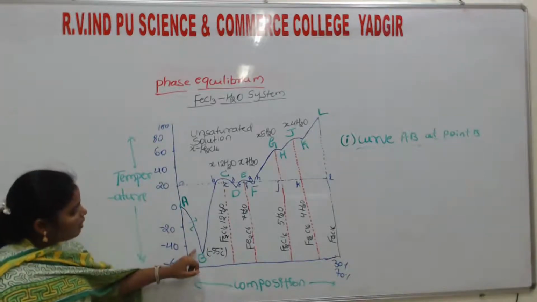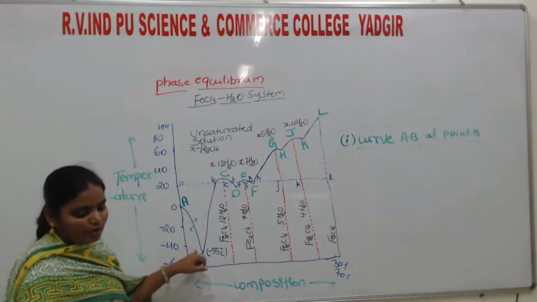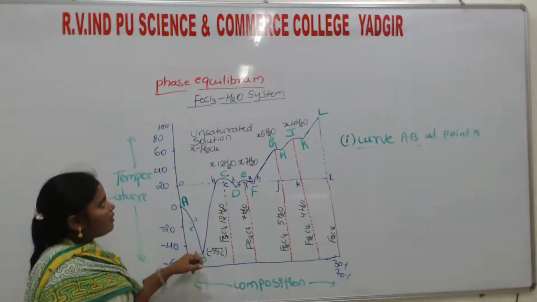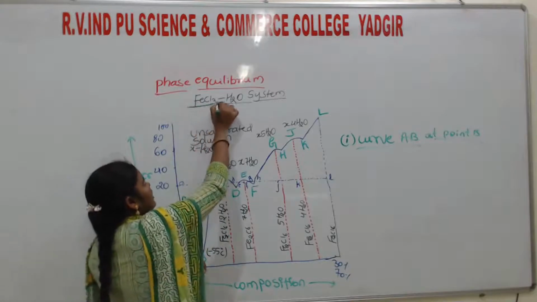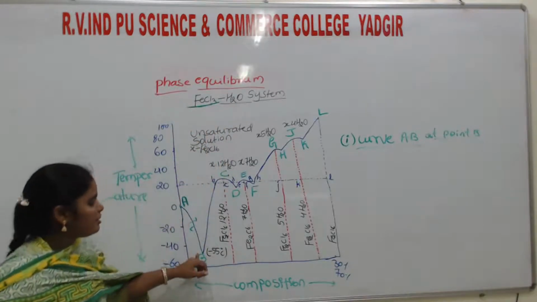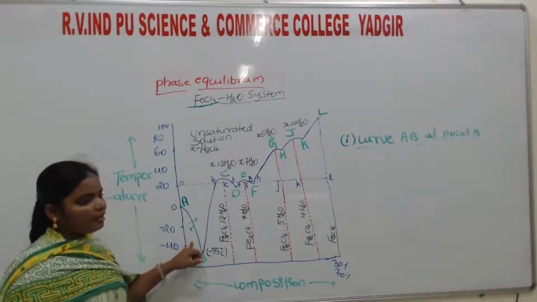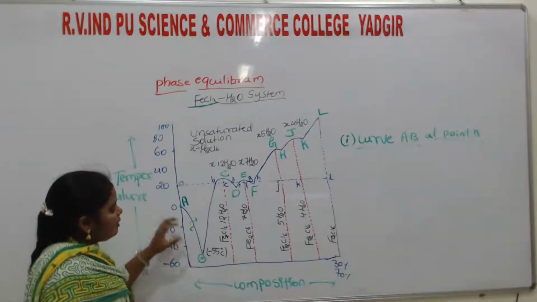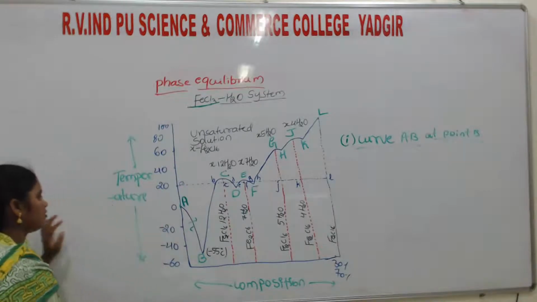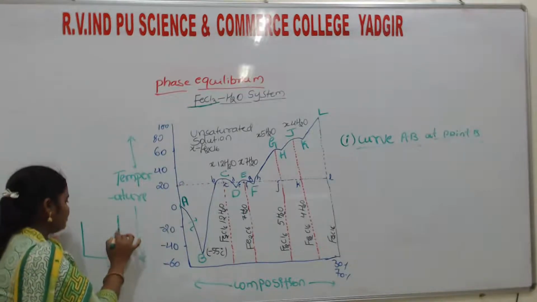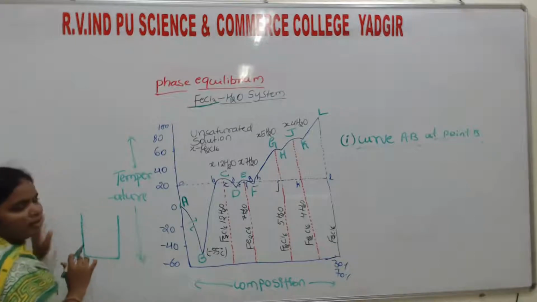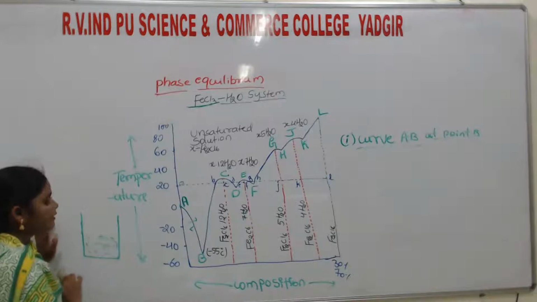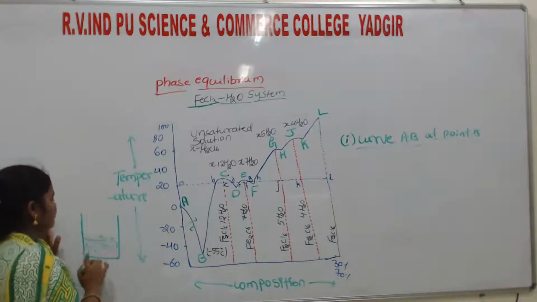The curve AB represents the freezing point of water as the amount of ferric chloride is increased. You are adding ferric chloride to the water solvent in a container. This is in liquid state.